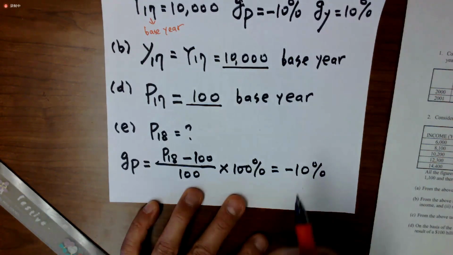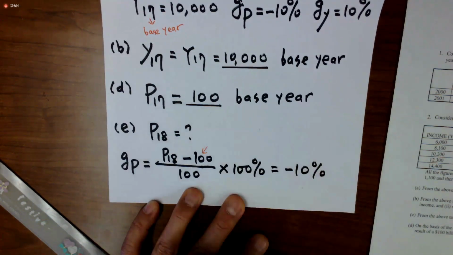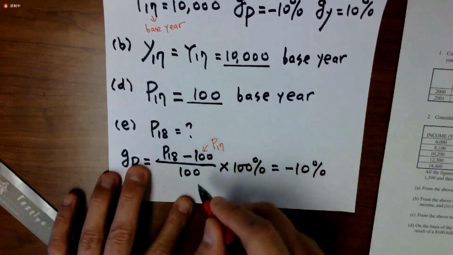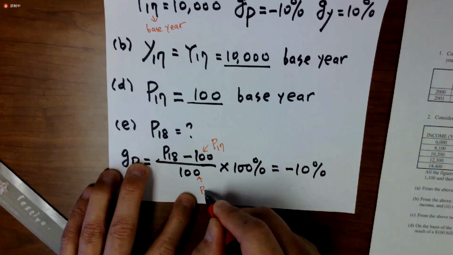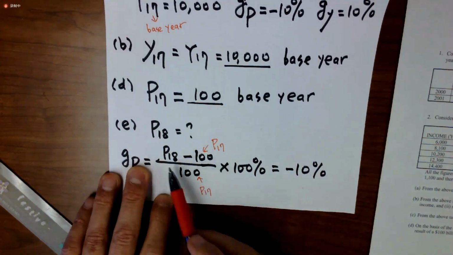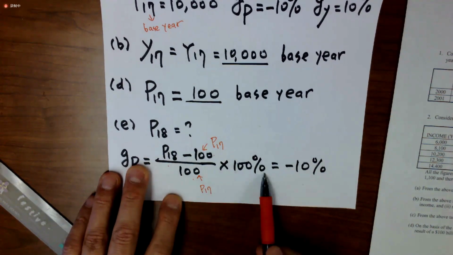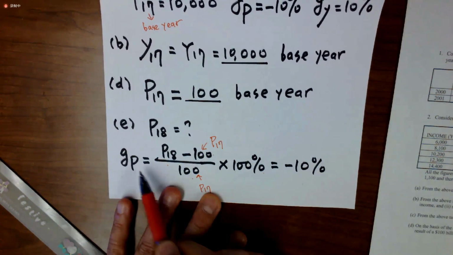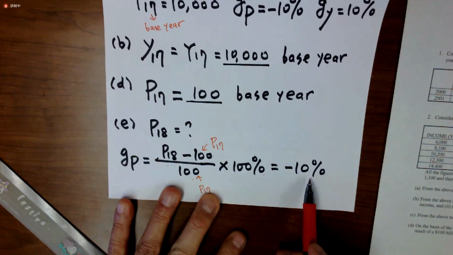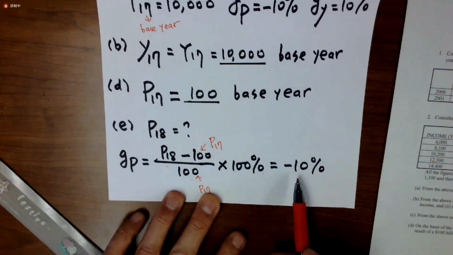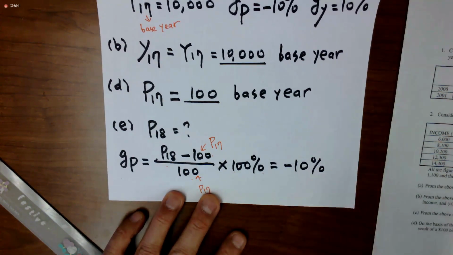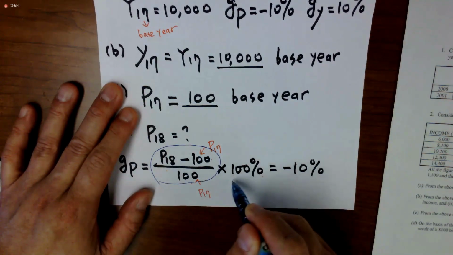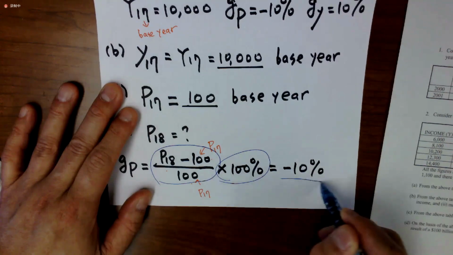Yes. Good. And why do we put 2017 here? Because this 100 is the price of 2017. This is the price of 2017. New minus old, divided by old, times 100%, gives us the growth rate of the price, which is the inflation rate. A negative number. So question for you: now you have this times 100% equal to minus 10%.